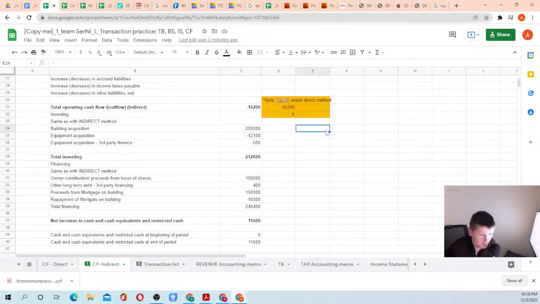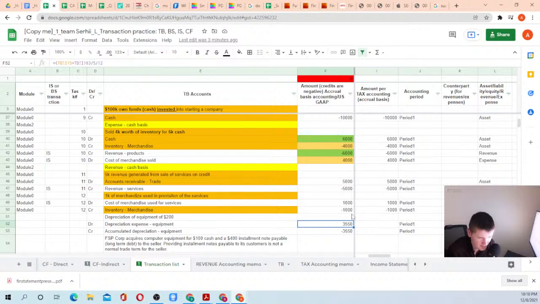Okay, so now under indirect, we obtain that number by tracing every PP&E transaction in our transaction list. But that information is usually not available in a big company.